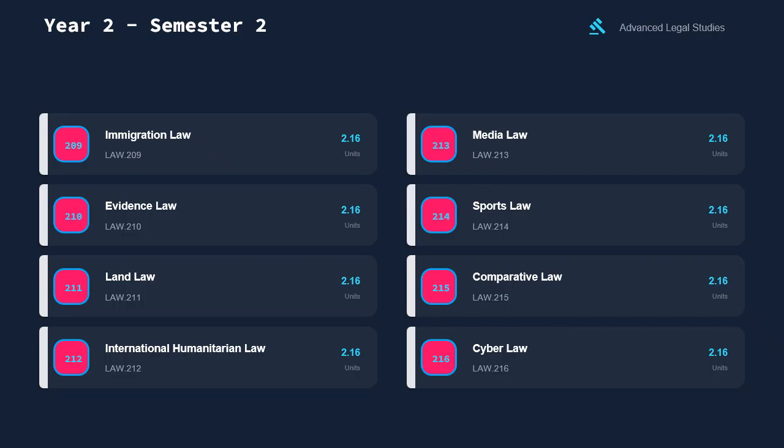Real-life example, a final project might involve negotiating an NIL agreement for a student athlete. This mirrors emerging practice. Practical application, students should practice negotiation and compliance. 4.5 Transition to advanced courses, Sports Law Foundations for Entertainment and Business Law.